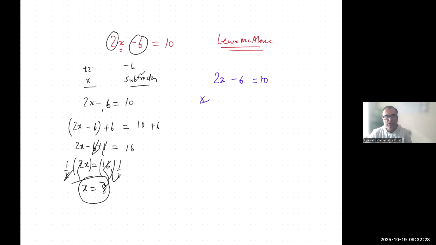So the reverse operation is a division. Let's divide everything on the left-hand side and right-hand side with 2. So I will say a division is 1 over, and I'll put the bracket 2x minus 6 equals to 10 divided by 2. That's the first step. I'm getting rid of the 2 now.